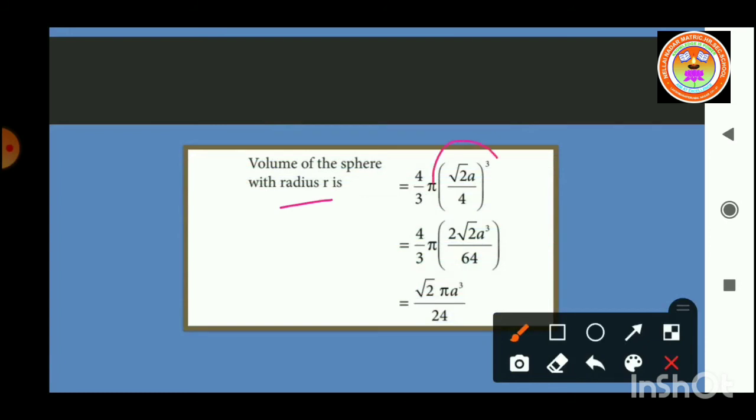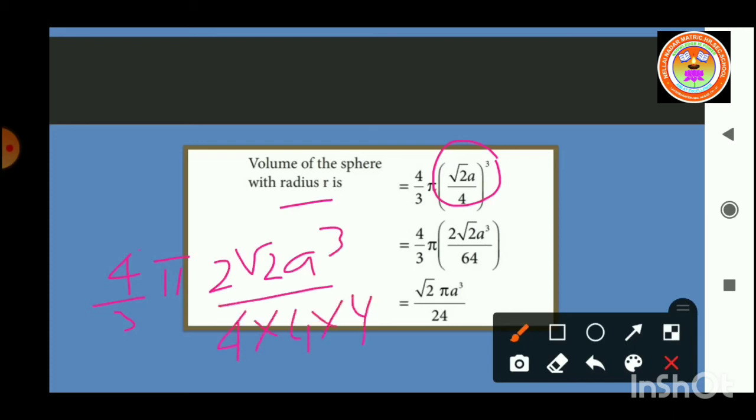What is the value of R cube? That is root 2 a divided by 4, whole cube, isn't it? So 4 by 3 pi, root 2 cube is 2 into root 2 a cube, divided by 4 into 4 into 4.